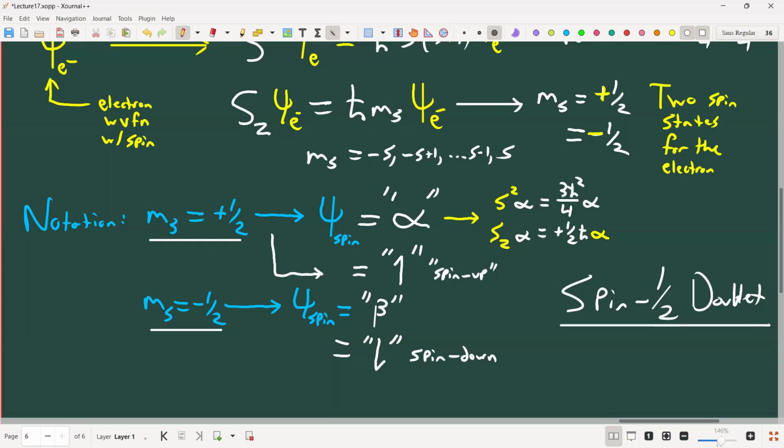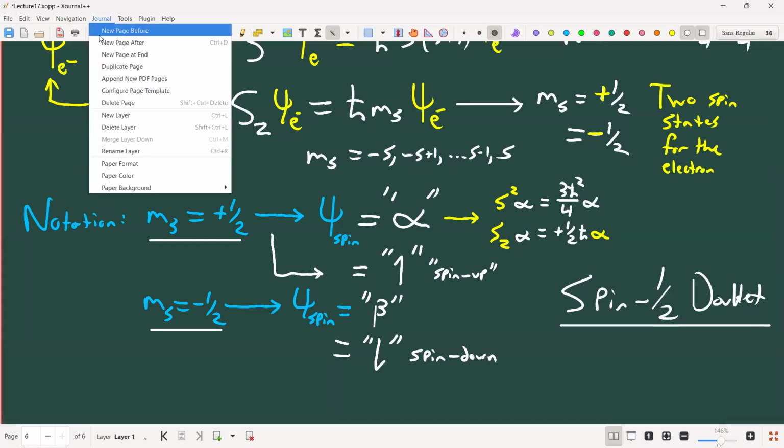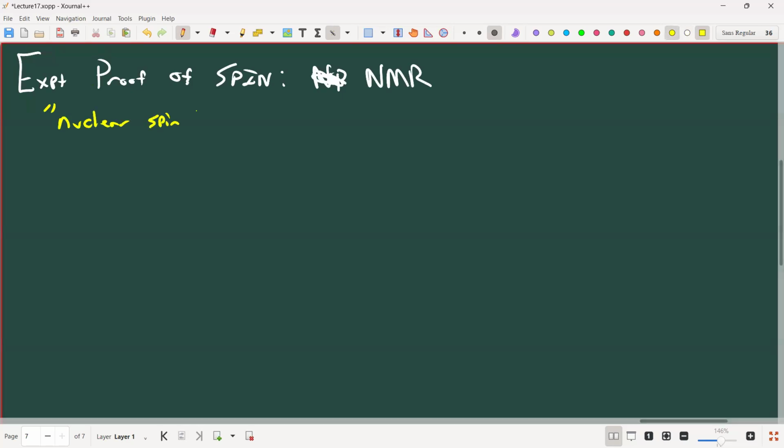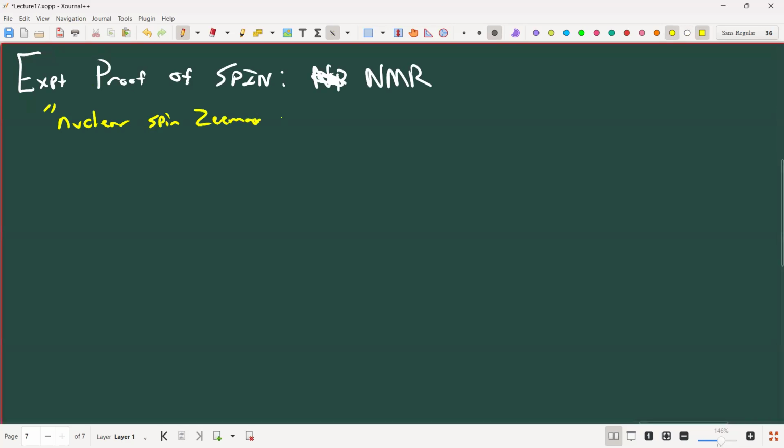And the way that NMR works, let's think about what NMR is. This is, in some sense, the proof that spin exists. Experimental proof of spin is NMR. And it works exactly the same way as our Zeeman effect. NMR is a nuclear spin Zeeman effect experiment.